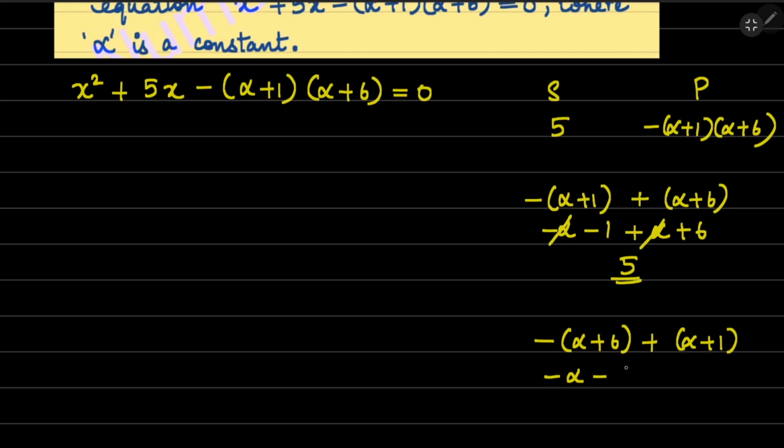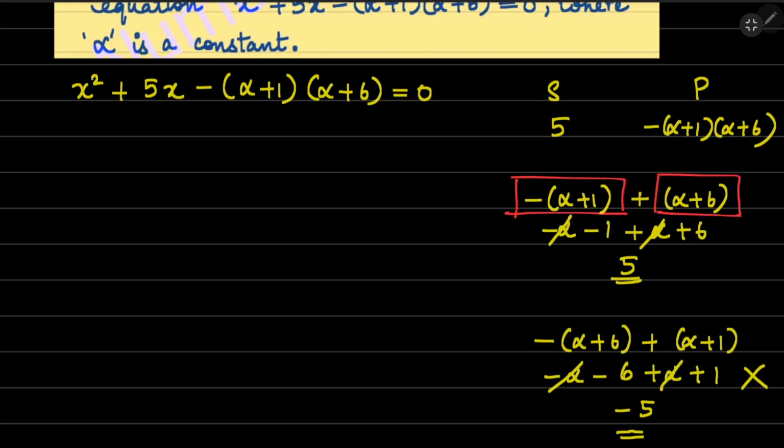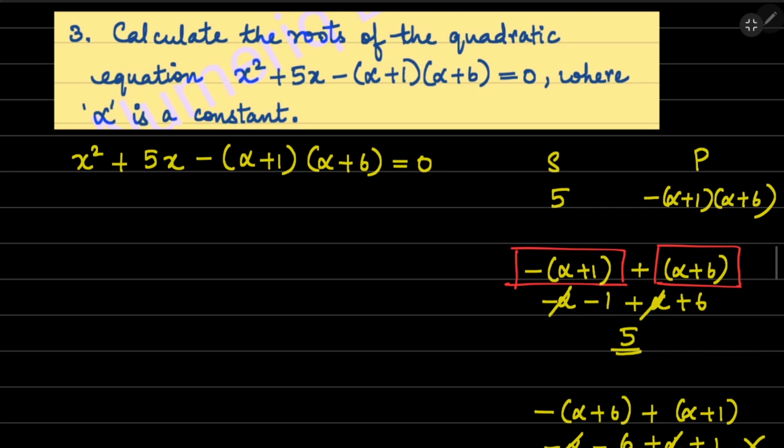What would you get? Minus alpha minus 6 plus alpha plus 1. So alpha gets cancelled. You'll get a minus 6 plus 1, which is minus 5. So this is not the correct answer. So the two terms, minus of alpha plus 1 and alpha plus 6, are the two terms for middle term splitting. So let's do that.